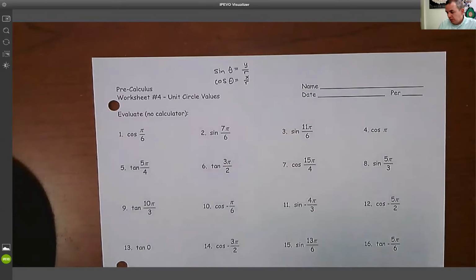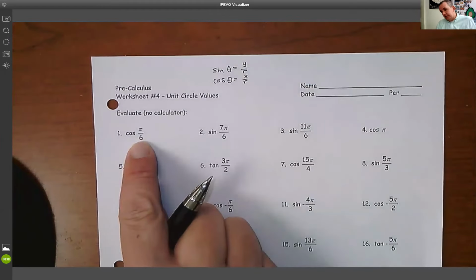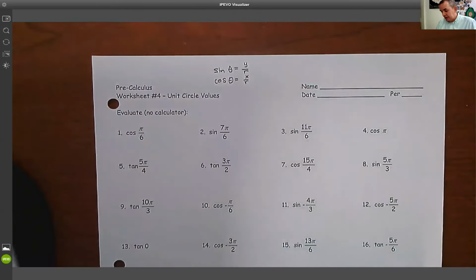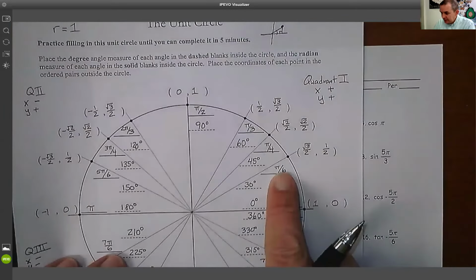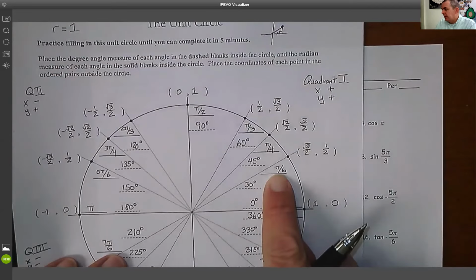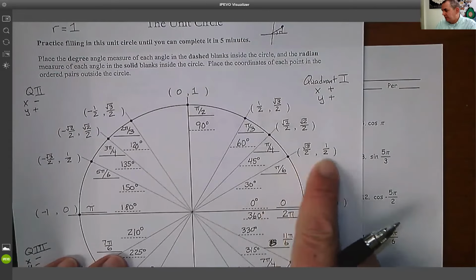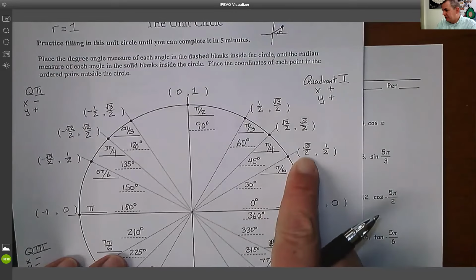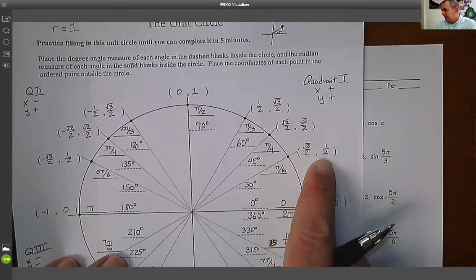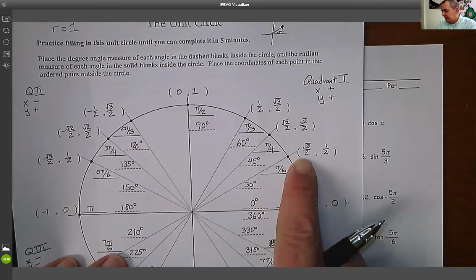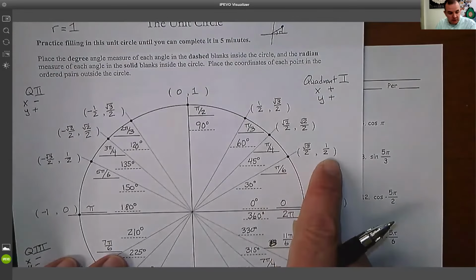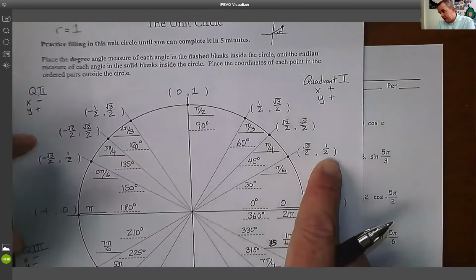So when I'm looking at cosine of pi over 6, I want to find pi over 6 on the unit circle, and it's going to be one of these two values. This is the value of cosine, and this is the value of sine. The x value is the value of cosine, and the y value is the value of sine.